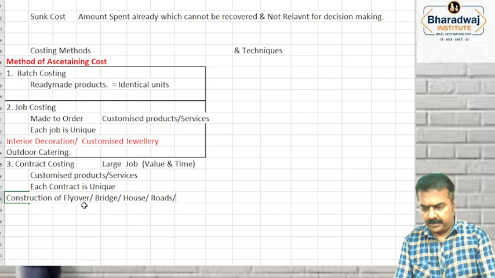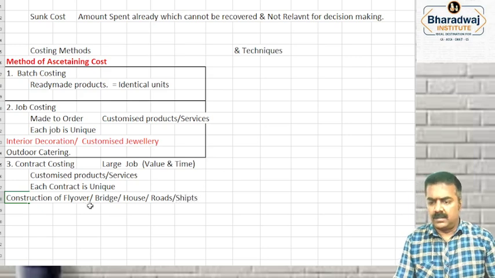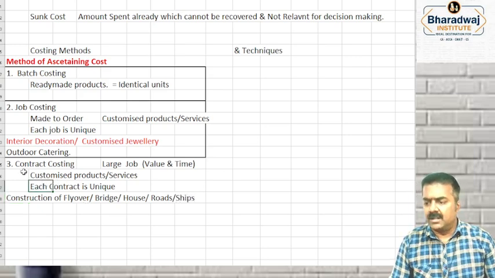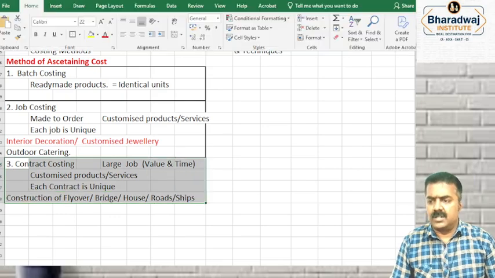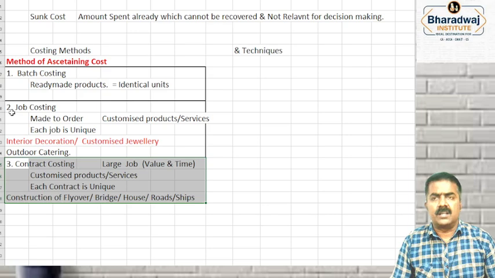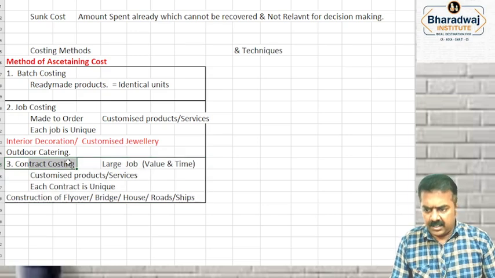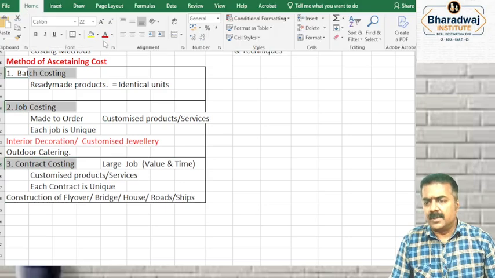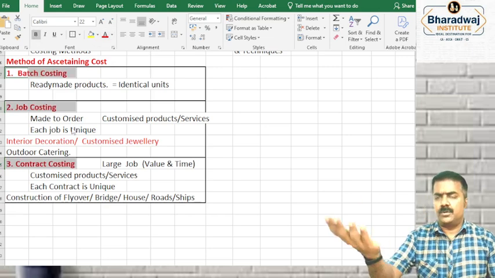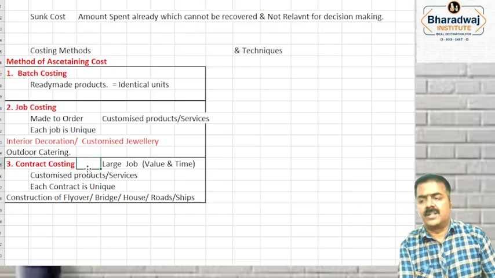Ships. All these things will come under contract costing. Sir, what is the difference between job and contract costing? Contract costing takes place for a longer period for a higher value. Simple. You could have seen a fisherman boat. I order it to make fisherman boats. It will come under which costing?